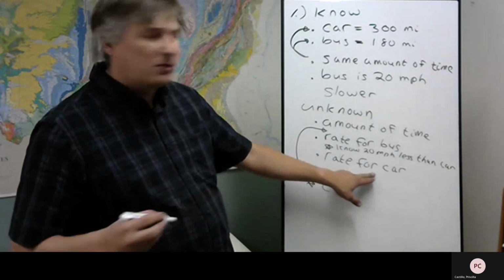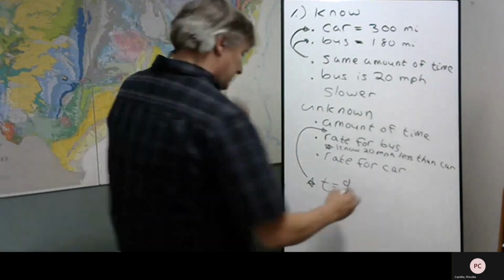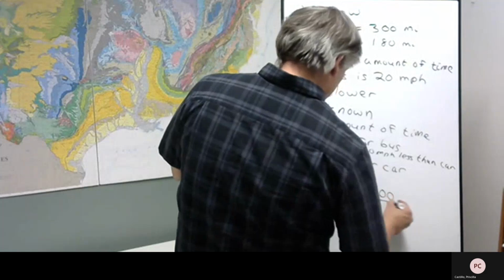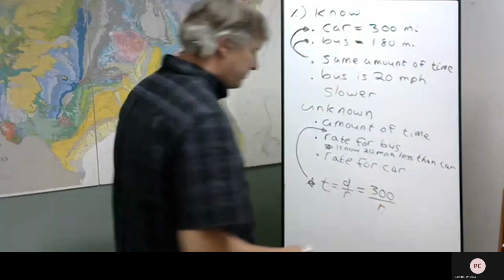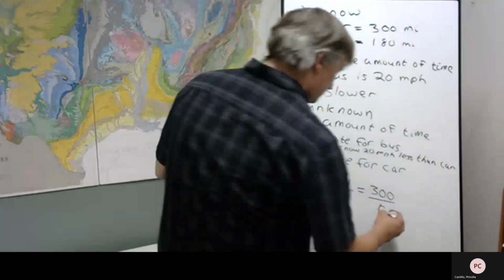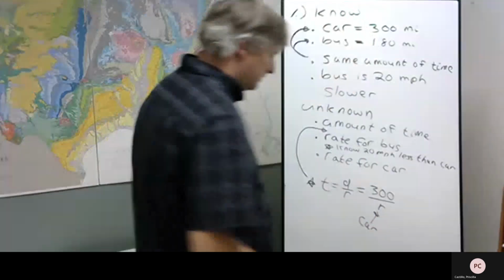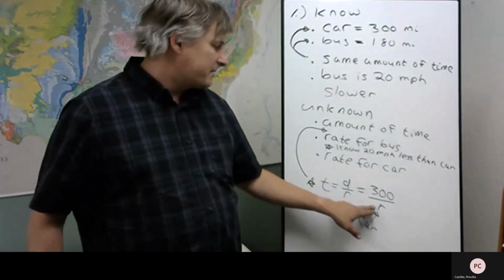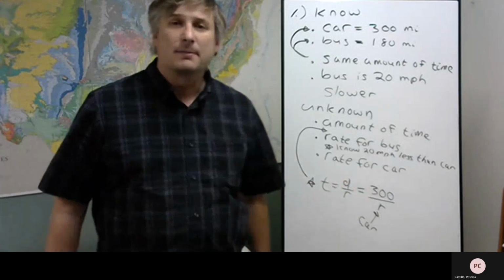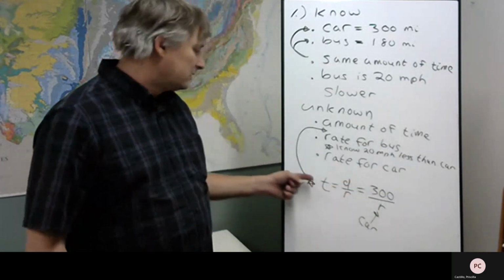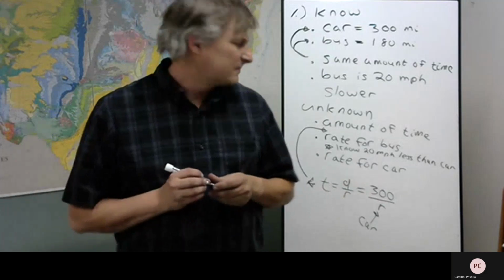Take the car. We know the car went 300 miles. If we know the rate of the car, then automatically we'll know how much time. We just take the 300 miles, divide by the rate of the car, that would give us the time.